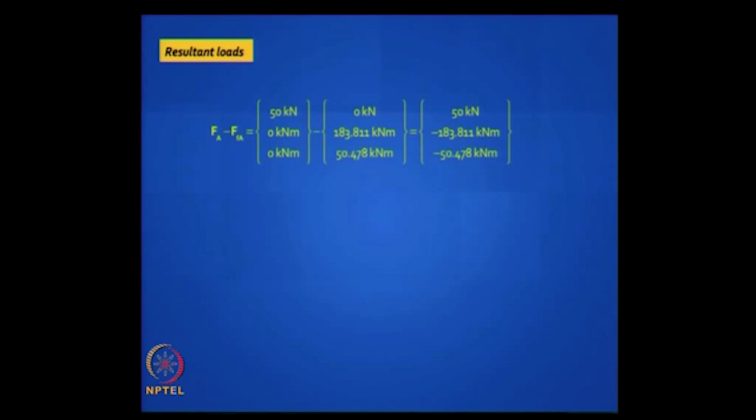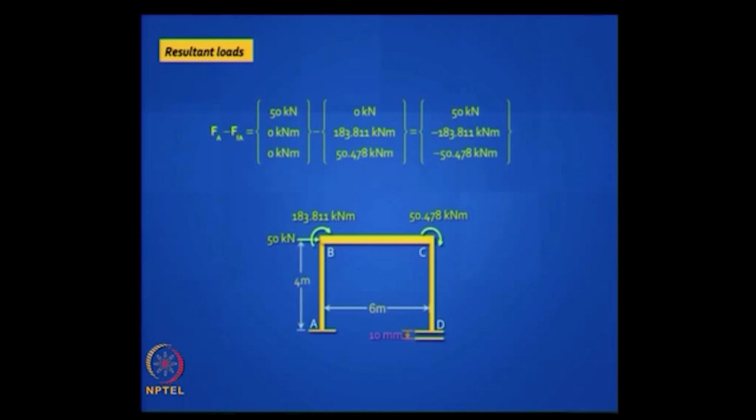You get the resultant load vectors in the same manner. Okay. And here you don't worry about those concentrated loads as we did earlier because they are not going to affect the displacements because they are actually rigid. So even if I put them, it is not going to make any difference. It is not going to cause any actual difference.